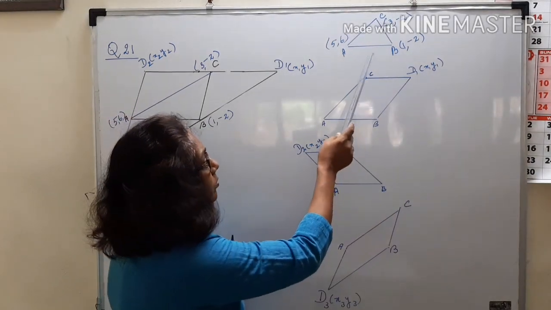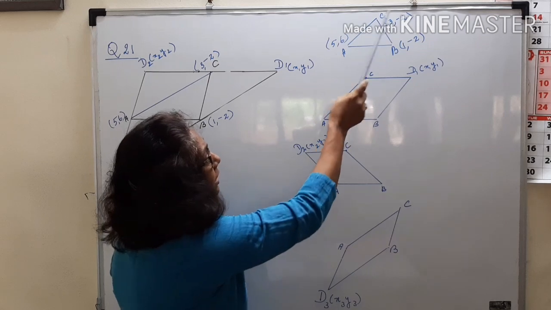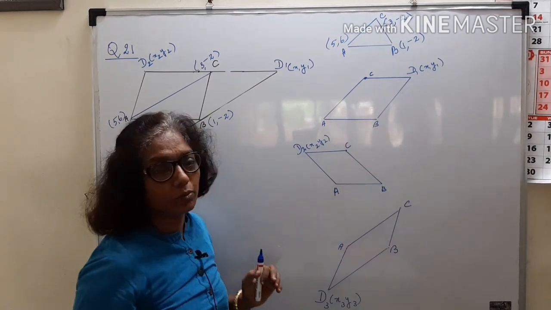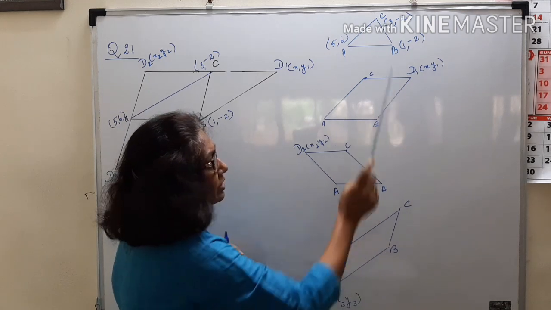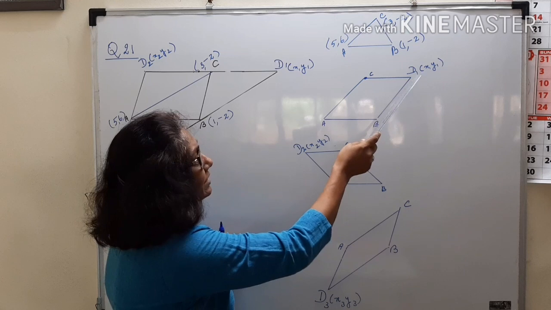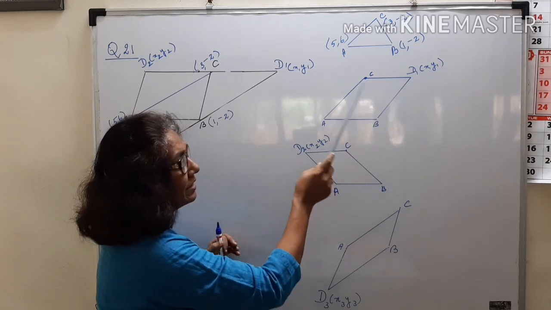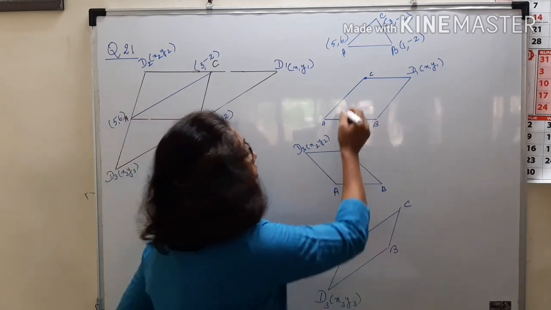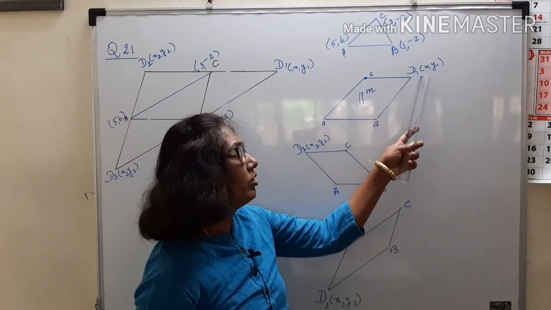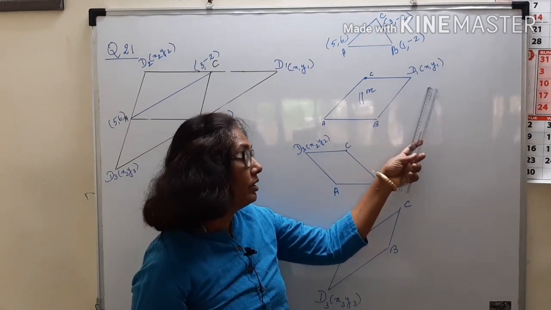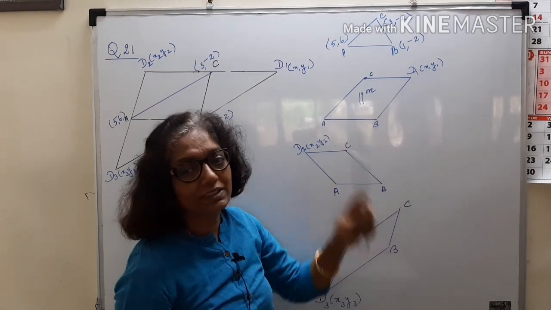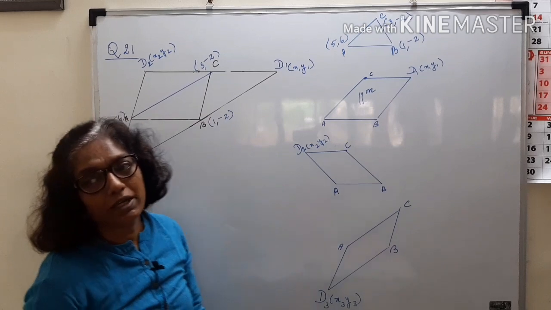So I take one possibility A, B, C. I can have a D here which I assumed as D1 corresponds to x1, y1. So look at this figure now, A, B, D1, C. This is a parallelogram, and you need to find out the coordinates of D1 such that A, B, D1, C is a parallelogram.